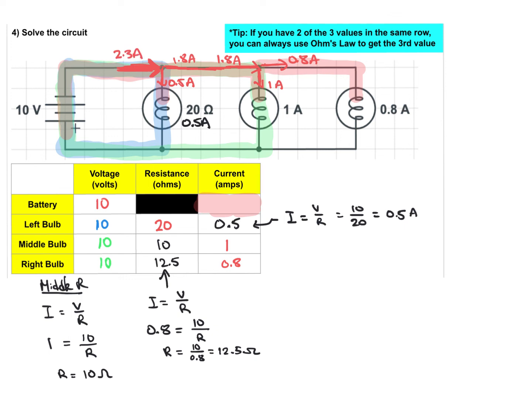And working backwards like that is how you come up with the current that came from the battery. So 2.3 amps. I don't need to write the units in this table because they're all in the headings already. Okay, so that would solve this circuit.